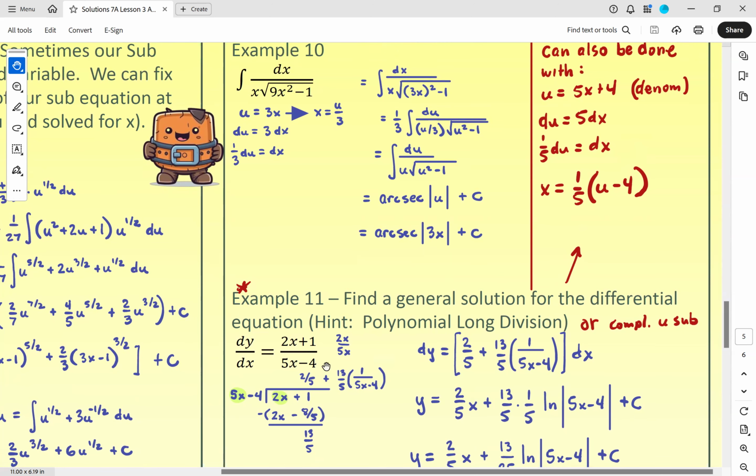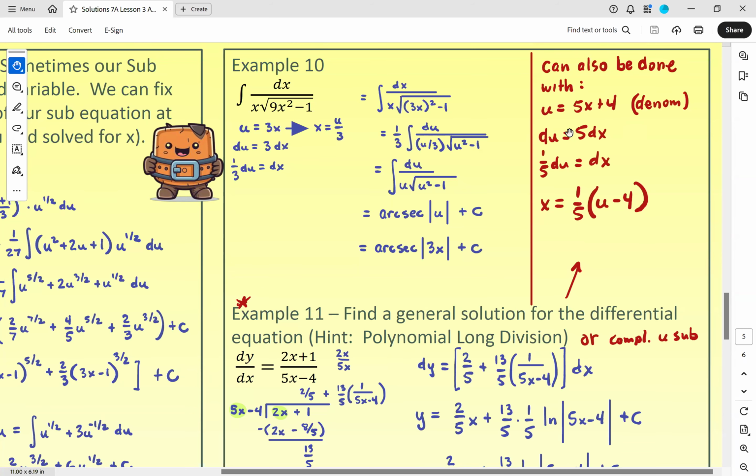The big trick to remember if we wanted to do u-sub here is it's generally always better to choose your denominator to be your u. If you don't believe me, you're welcome to try it the other way, but you'll probably get stuck, which could be a good learning experience to help convince you to set u equal to a denominator. And that's what we're doing in the case of this division of polynomials here. u equals 5x plus 4.